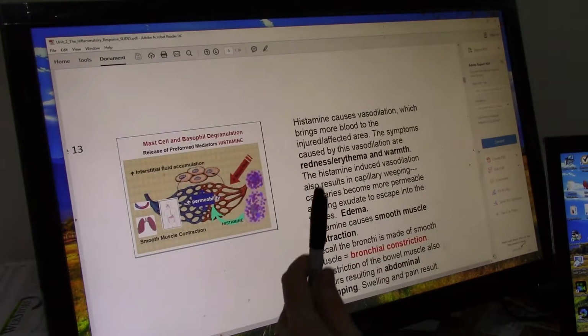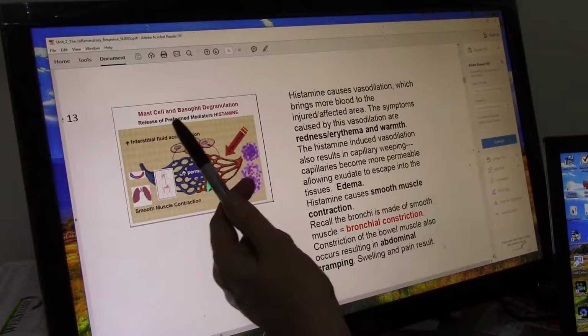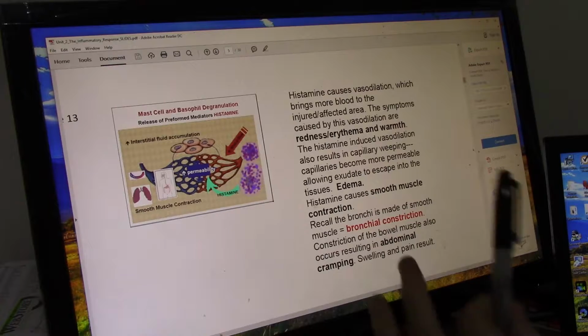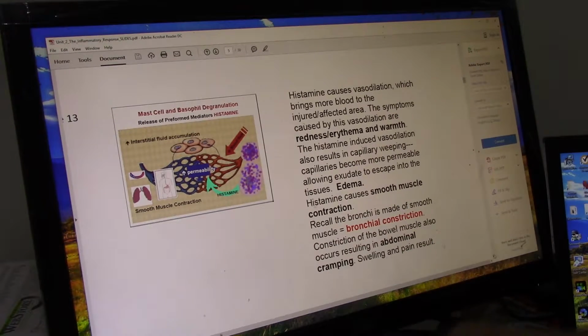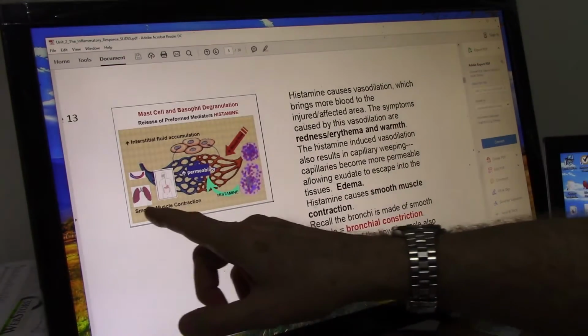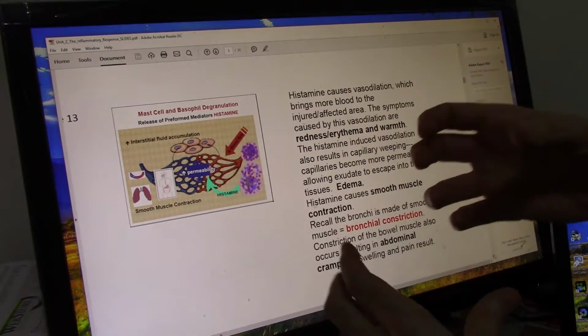Okay. Now, here's the first one that they release. Mast cells and basophils degranulate and they release histamine. So here's the histamine coming out, and it's really important to know what histamine does. Histamine causes vasodilation. So the blood vessels dilate, but the smooth muscle, especially the smooth muscle of the bronchial airways, will contract.